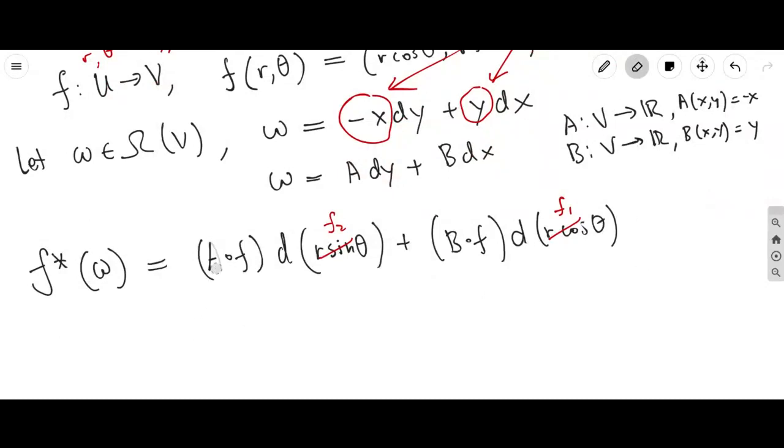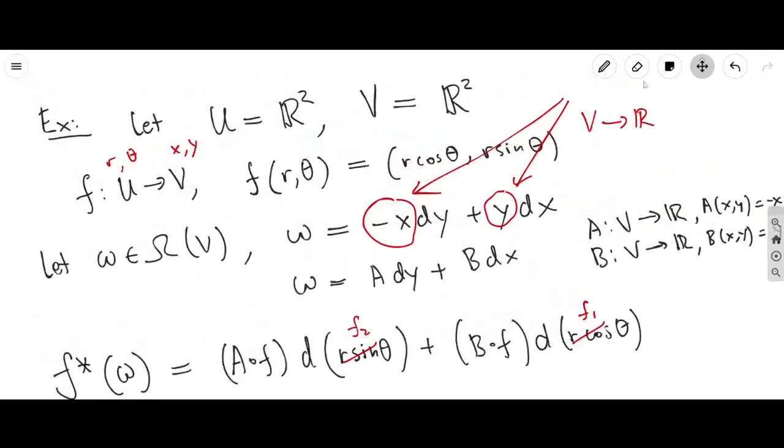And by the way, this composition of a with f would just mean that the a function gives you negative x, but in this mapping the x component is r cosine theta. So this one is really negative r cosine theta, and this one is going to be r sine theta, like that. That's what those compositions are.